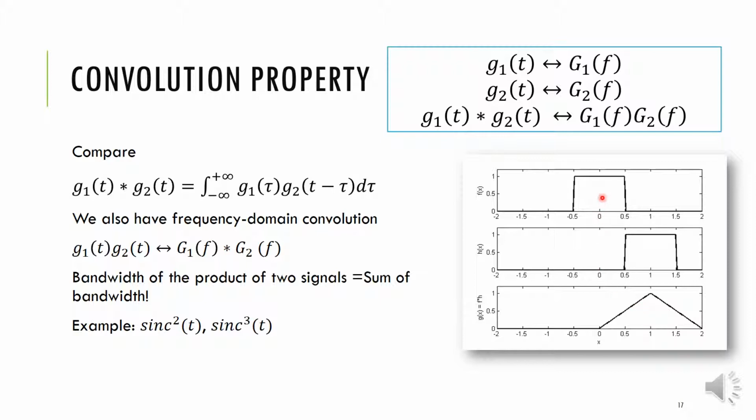Notice that if you convolve a signal with width 1 with another one with width 1, you get a convolution with a width of 2, the sum of the two widths. So multiplying in time results in doubling the spectrum in frequency. So sinc square will have double the spectrum of sinc, and sinc cube will have 3 times the spectrum. The bandwidth of the product of two signals equals the sum of the bandwidths. This is a fantastic conclusion.